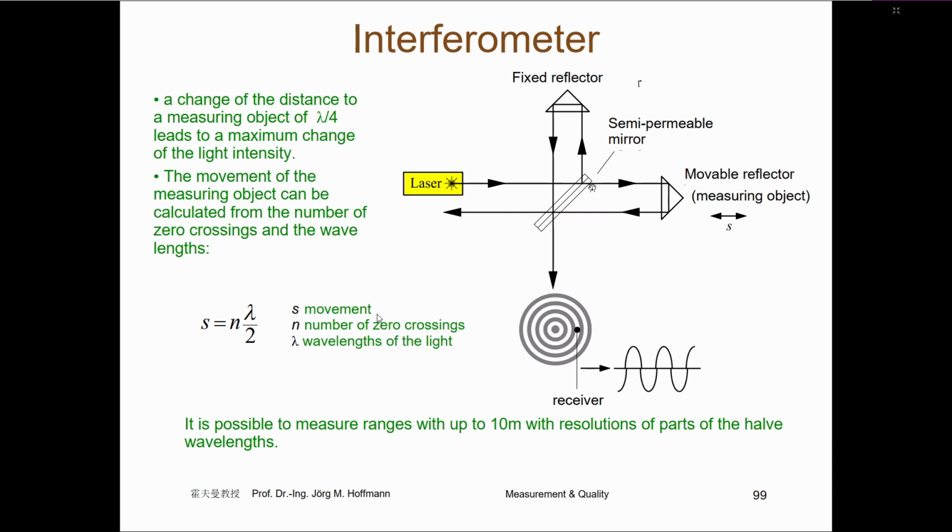You can buy them in every size, and you can exactly say how much should go through and how much should be reflected. But in this case, we need the 50-50 mirror. From the laser, 50% is going through and 50% is going in this direction.